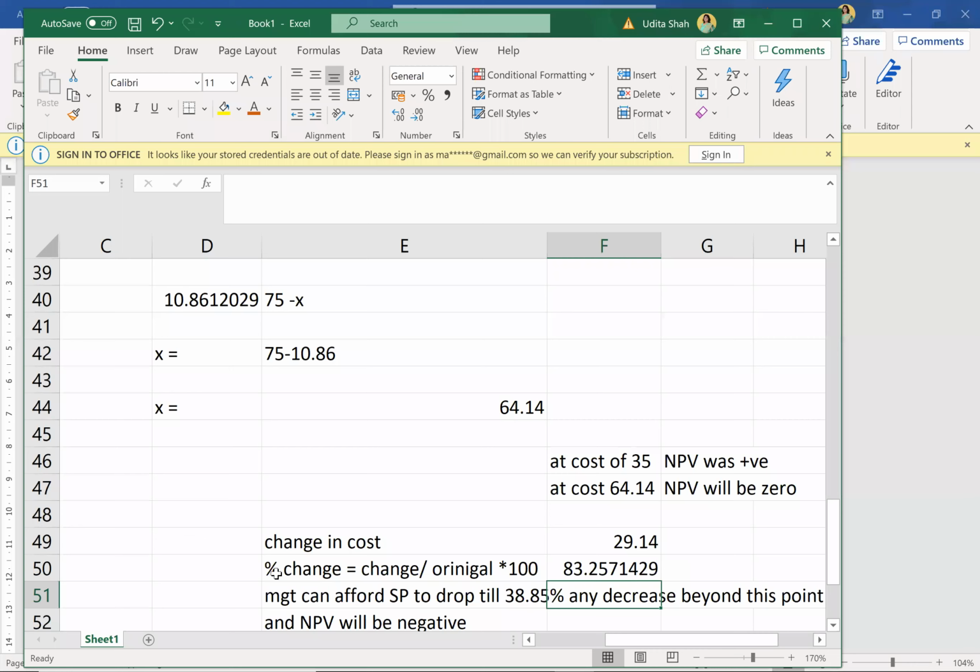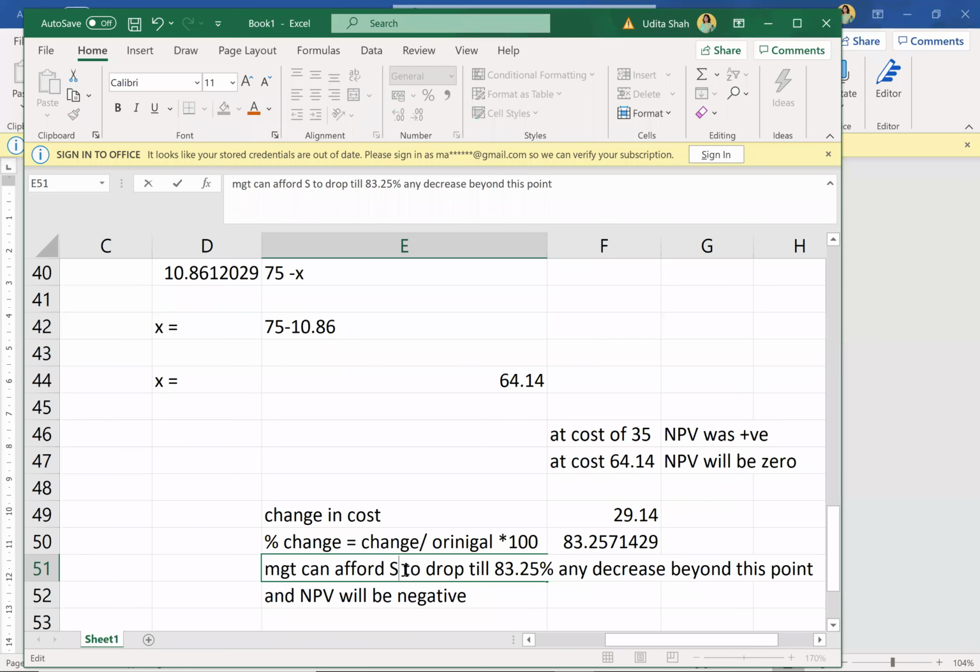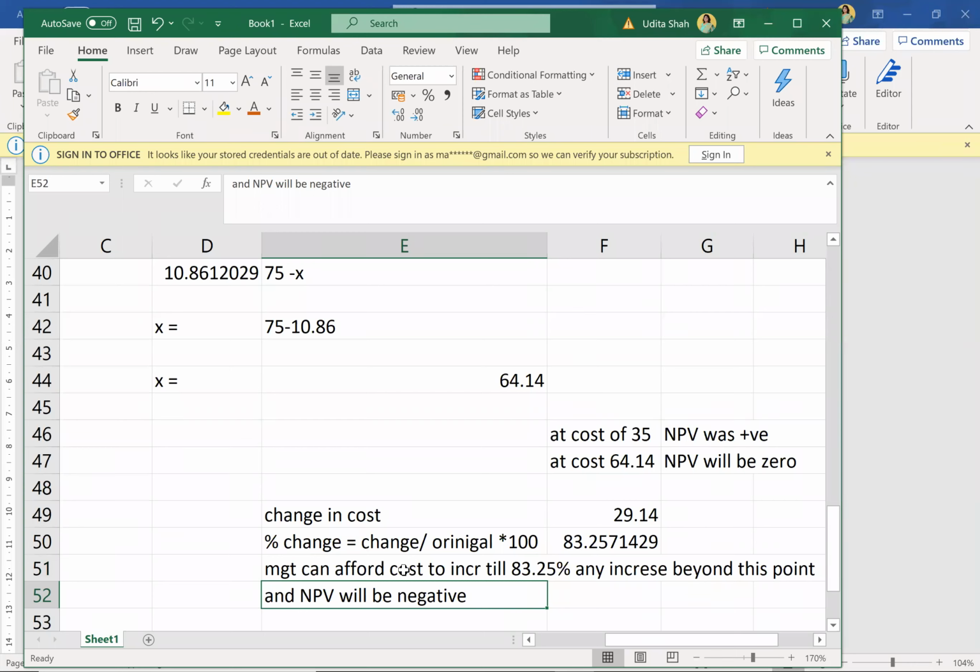Management can afford the cost to increase till 83.25%, and any increase beyond this point, the NPV will become negative. See if you understood.